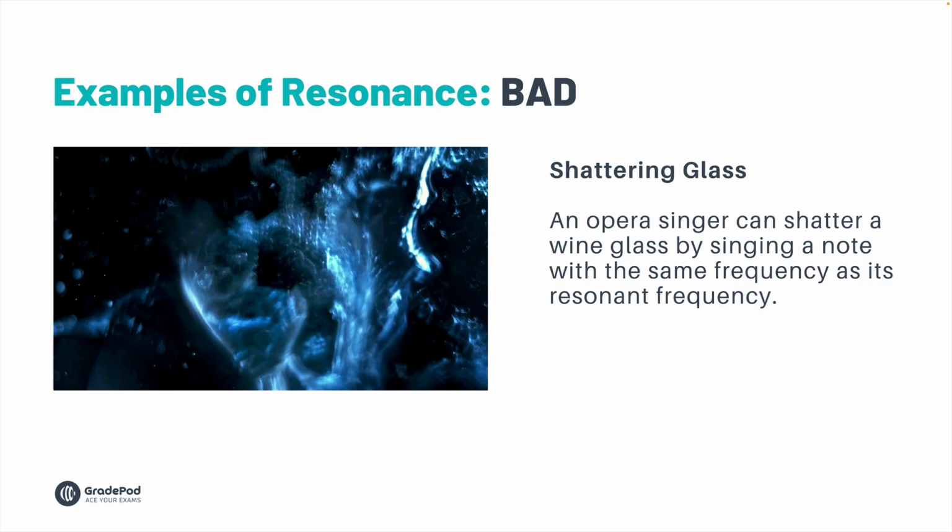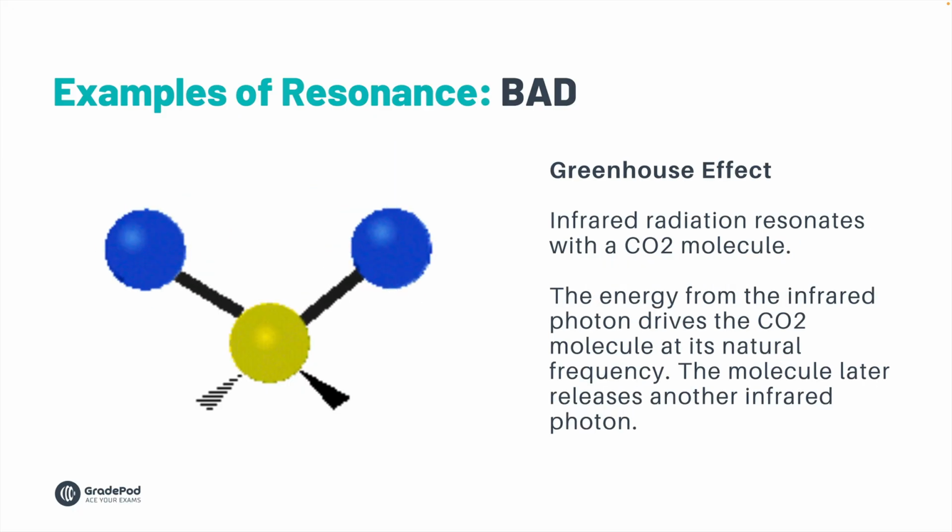And that causes resonance. That resonance causes a maximum amplitude of oscillation, and that maximum amplitude causes the glass to shatter. So it's not a myth, it's true. But you have to be a very good opera singer to do it, because you have to produce a pure note of the exact frequency as the natural frequency.